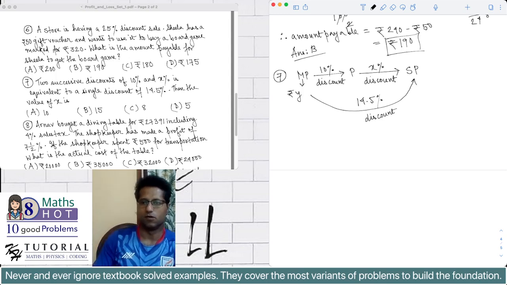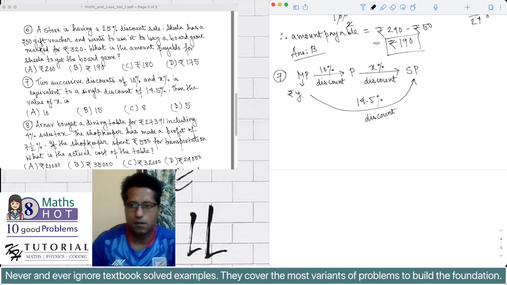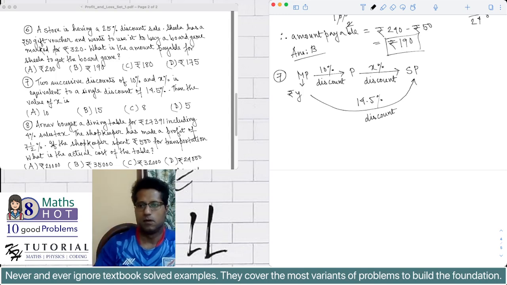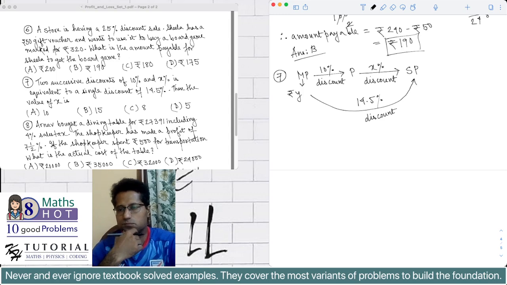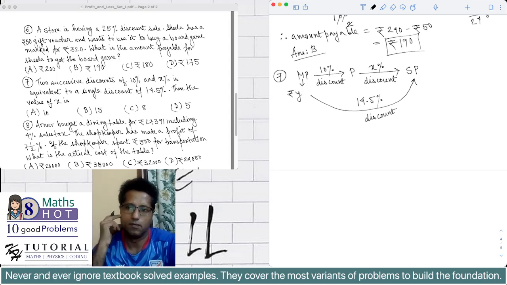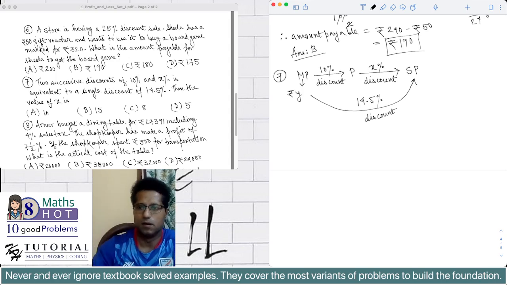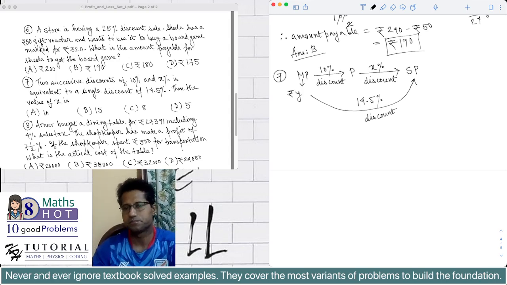Based on this information, we have to find X. We can find SP using the two successive discounts, and that SP should be equal to the SP calculated from the single discount of 14.5%. We will equate the two SPs, and from there we can solve for X.